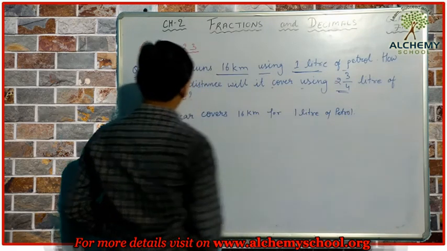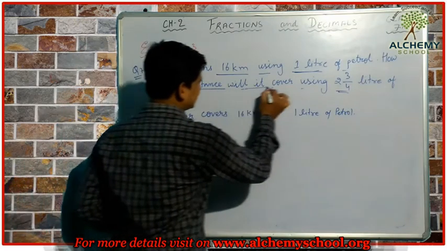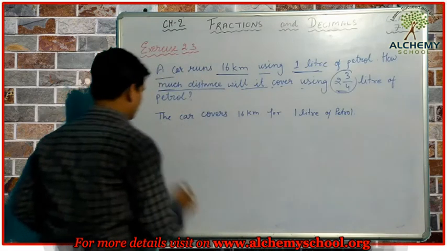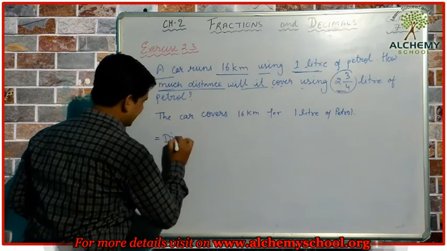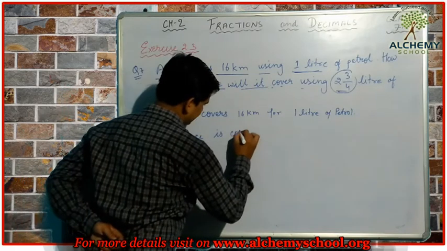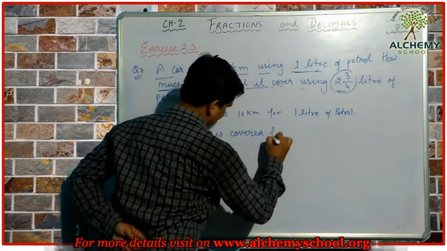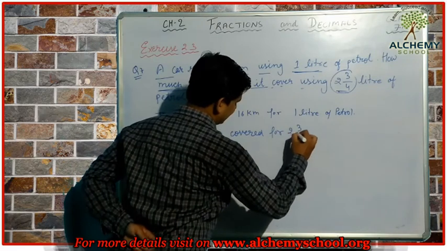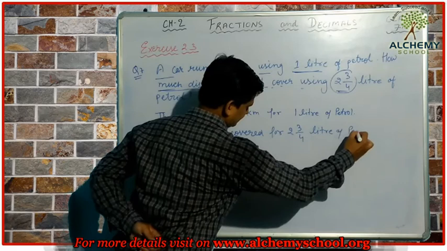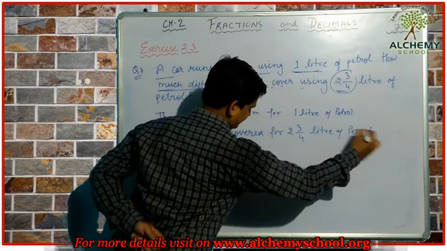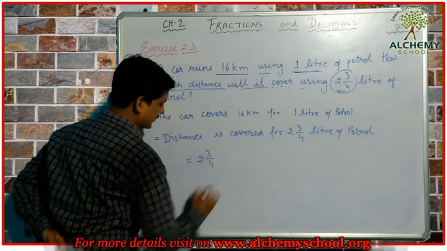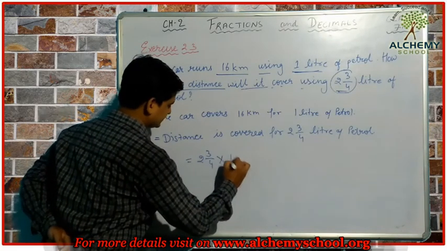Now we have to find how much distance will it cover when it uses 2 and 3 upon 4 liter of petrol. So we can write distance covered for 2 and 3 upon 4 liter of petrol is 2 and 3 upon 4 into 16.